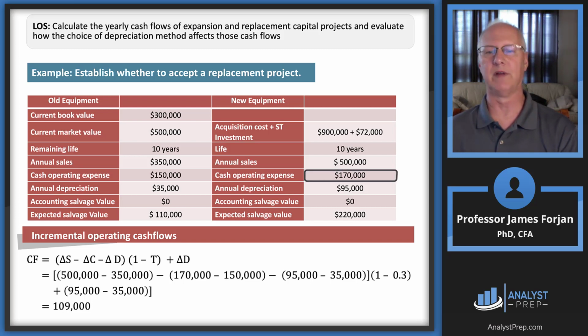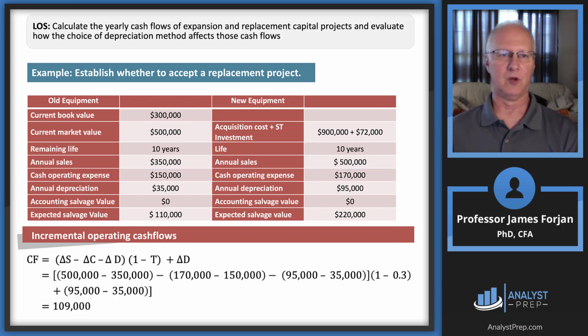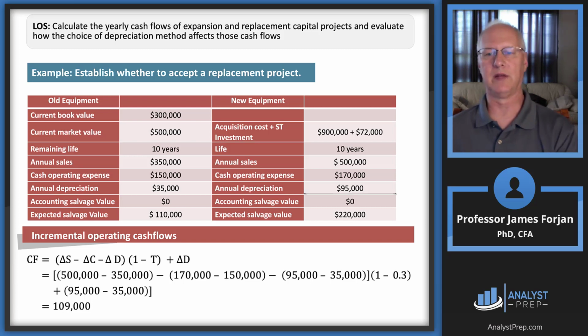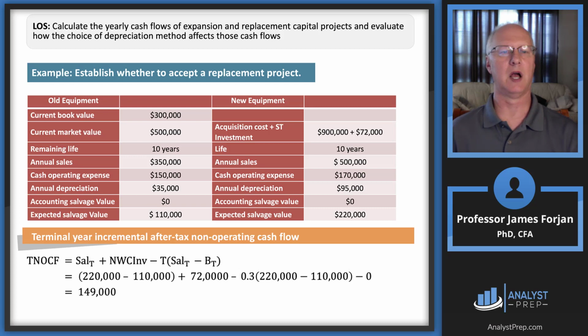So there's the 170 minus the 150. And then since the old equipment is probably old and the new equipment is probably new, we'll probably have higher depreciation. So there's the 95 minus the 35. Multiply that by 1 minus the tax rate, and then add the change in depreciation there. So you get those operating cash flows incrementally 109,000.